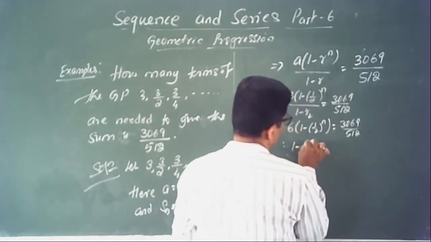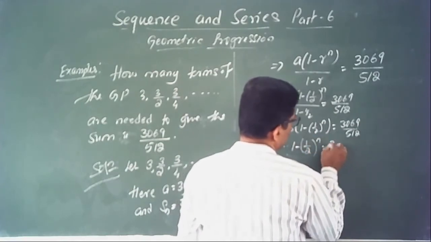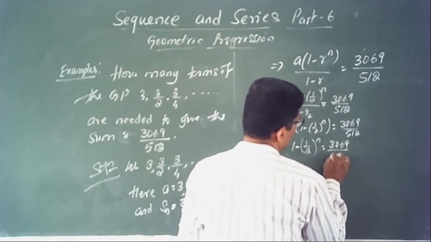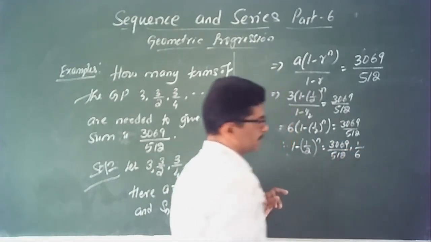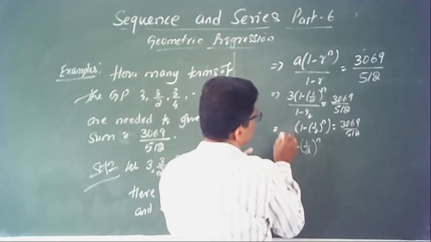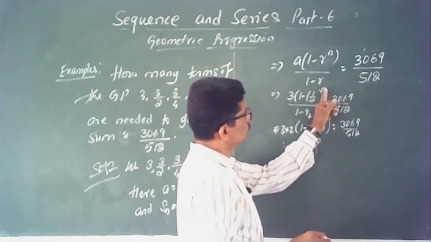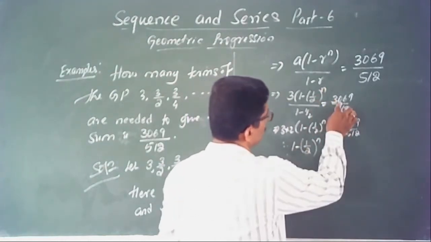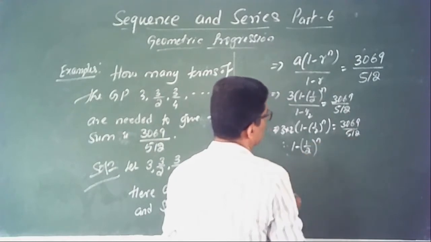Therefore 1 minus 1 by 2 to the power n is equal to 3069 divided by 512 into 1 divided by 6. It implies 3 into 2 into 1 minus 1 by 2 to the power n is equal to 3069 divided by 512.